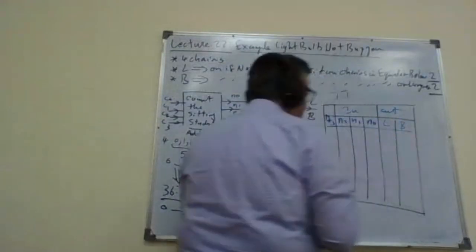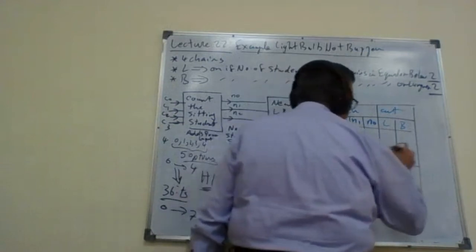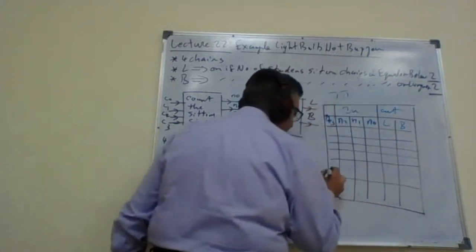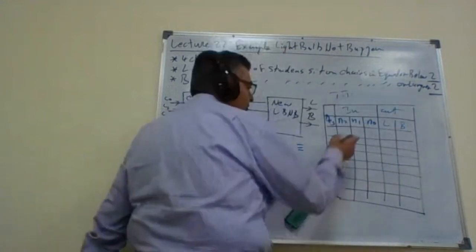Light bulb, not the buzzer. How many rows? Correct answer. The number of rows is 8 because I have 3 inputs. So I have 8 rows.